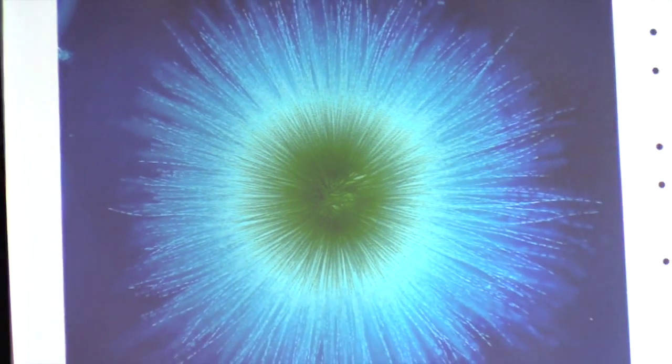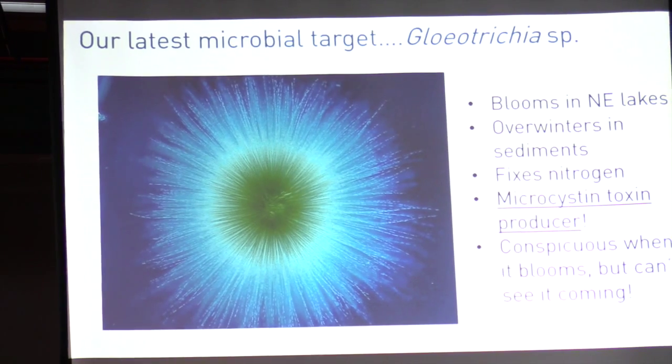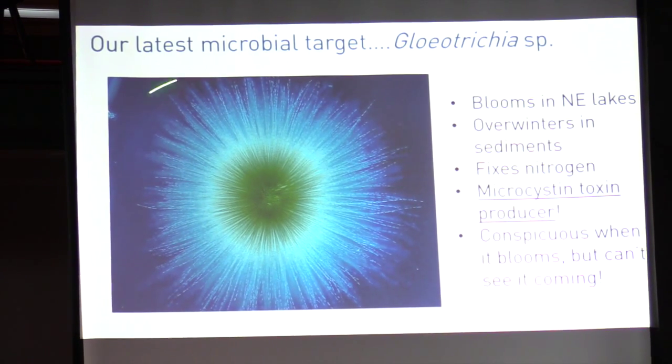Okay, and then most recently, I'm getting to the end here. This is one of my newest projects. It's a really small collaboration with folks up at Colby College, and we're studying this organism. It forms these giant dandelion-like puffballs in freshwater lakes. It's called Gliotrichia.